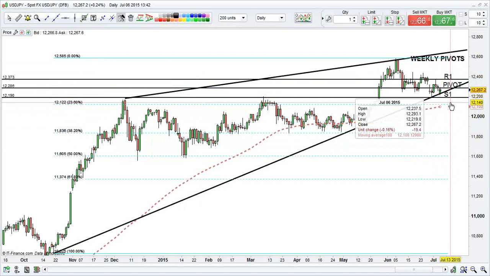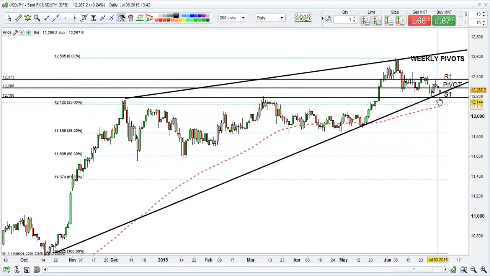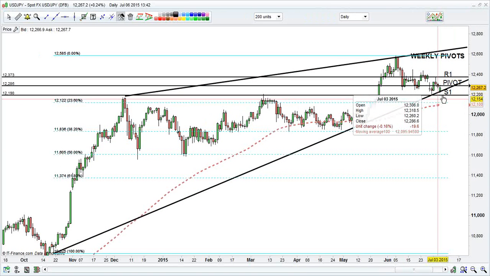Now, what happens when a support level or a resistance level is broken? Well, if a support level breaks down, then the level above becomes resistance. Okay, so if the market breaks below the trend line, then the trend line becomes resistance.